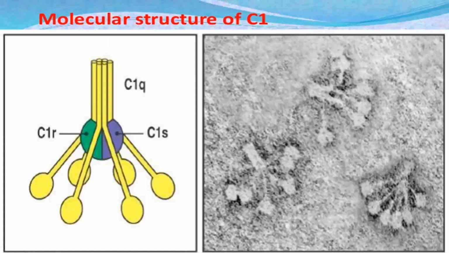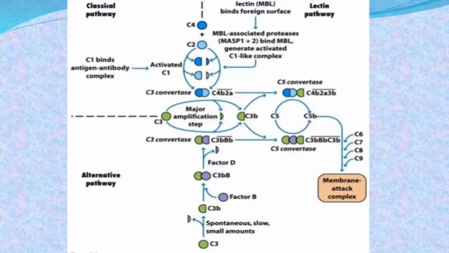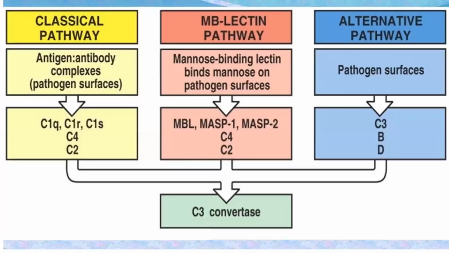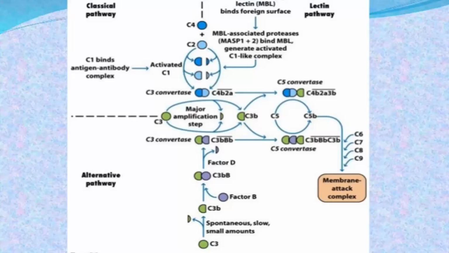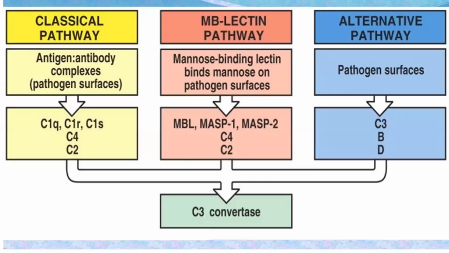All these things I already explained to you. The last one was the mannose-binding lectin pathway. As I told you, we have three pathways. We have the classical pathway in which antigen-antibody complexes take place.